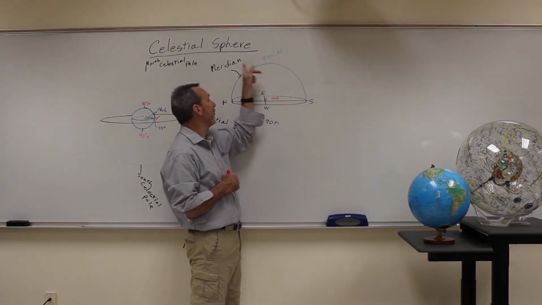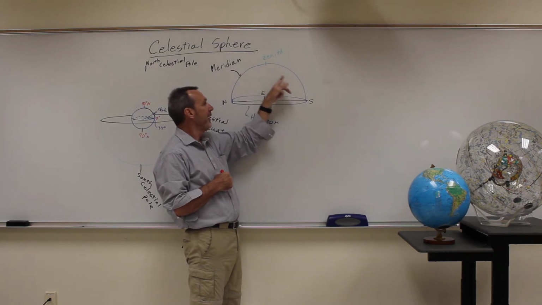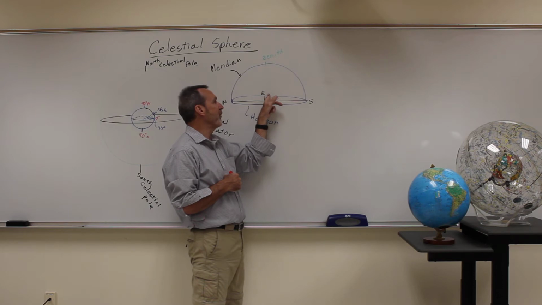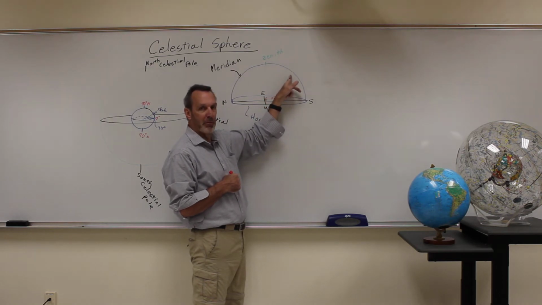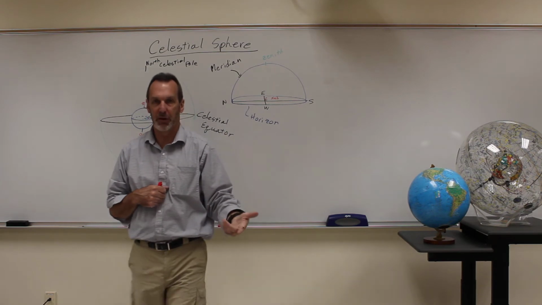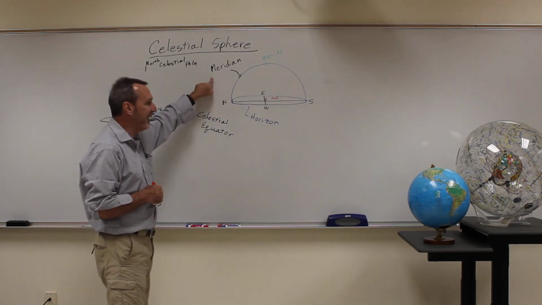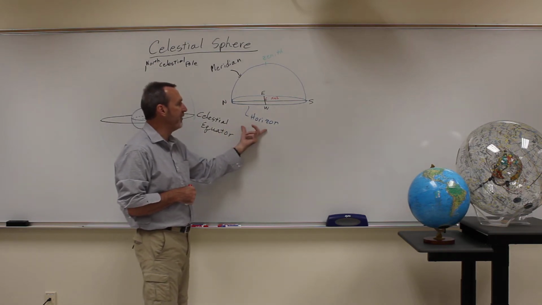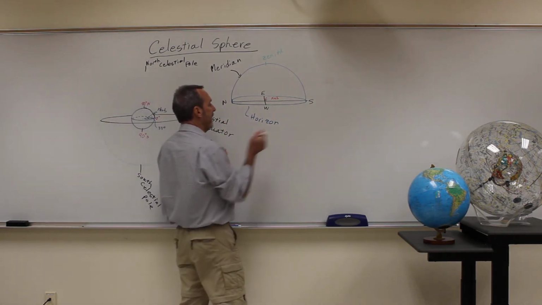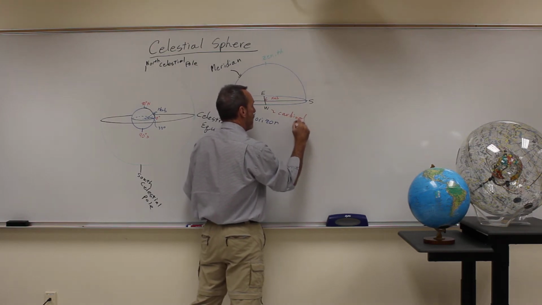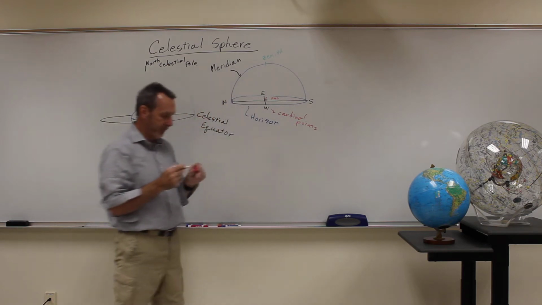Its highest point occurs when it's on the meridian, and then it goes down again until it sets over here in the west. So AM is before meridian, PM is after meridian, or post-meridian. So that's where it comes from. Make sure you know what the meridian is. And this is the horizon, and these, technically, we call the cardinal points: north, south, east, and west.